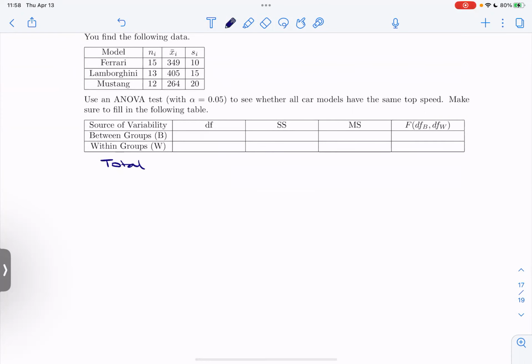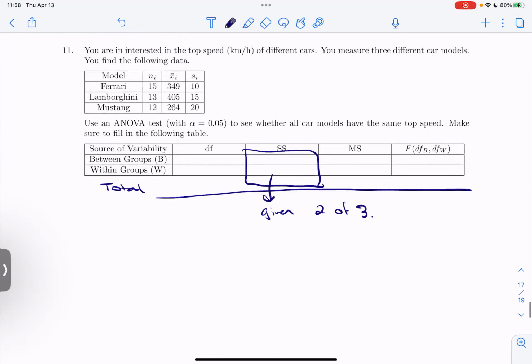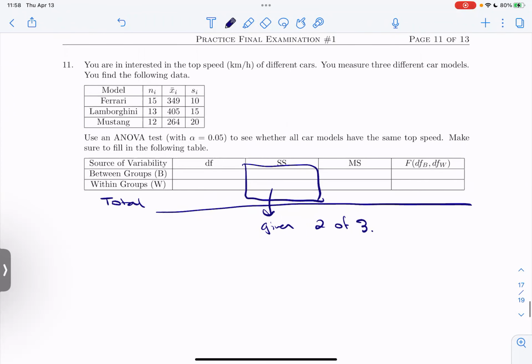I'm going to give you the totals, right? And so I'm going to give you 2 out of the 3 of the sums of squares, okay? In the solutions, they actually calculate the sums of squares between and within.